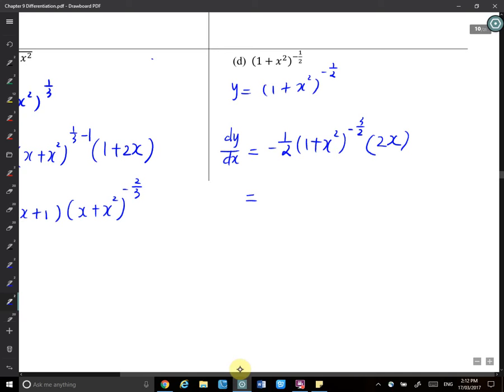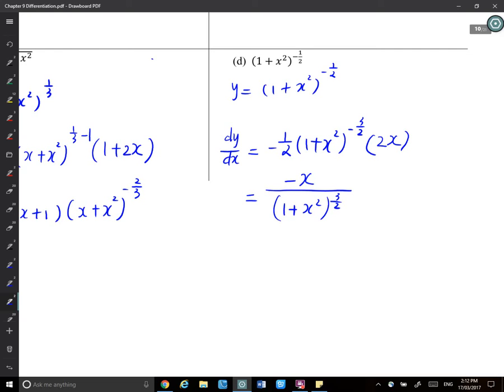So that gives me minus x over, that's a negative, so it's 1 plus x squared to the power of 3/2. Negative a half times 2x, you have negative x, and that's a negative power, so it's 1 over that, so it's negative x over that.